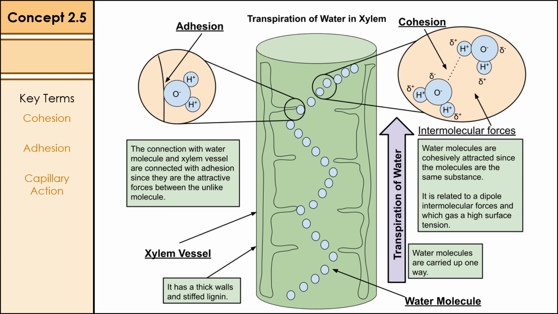So here we have kind of a zoomed in version of the interactions between adhesion and cohesion, where we're dealing with transpiration. So transpiration is the movement of our water through a tube, whether that be from xylem or phloem, and the xylem vessel has some attractive properties to it itself. So it has partial charges that allow the water to latch on, and water is also able to latch onto itself.